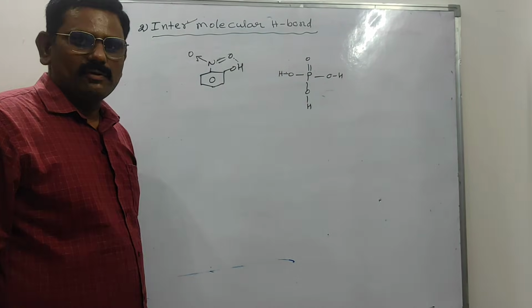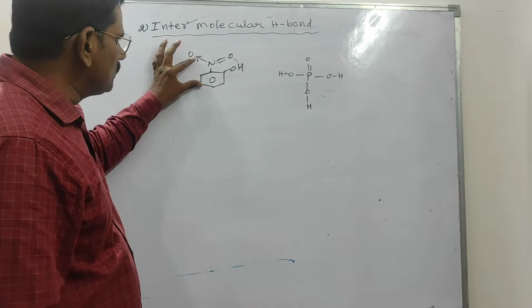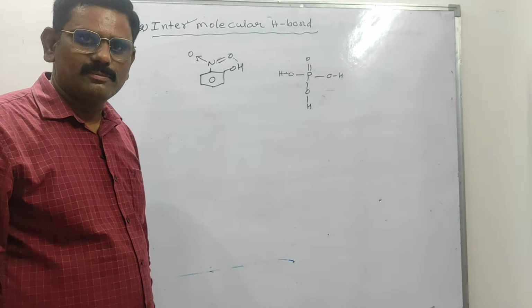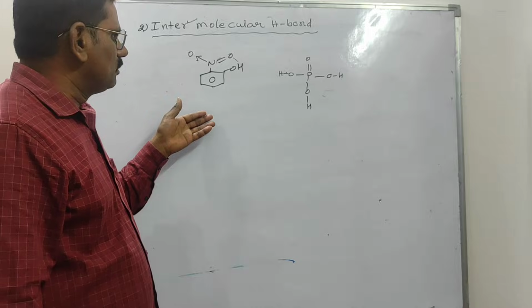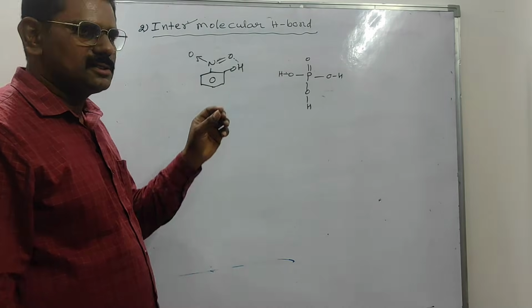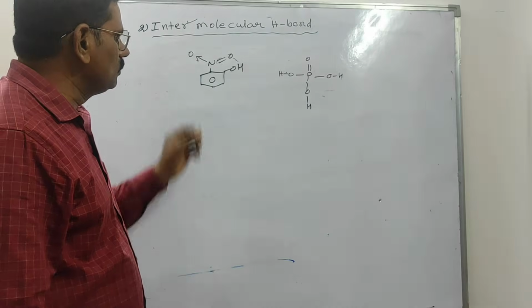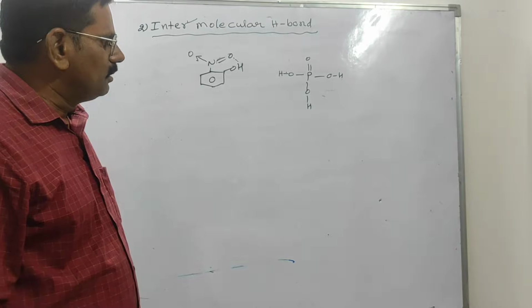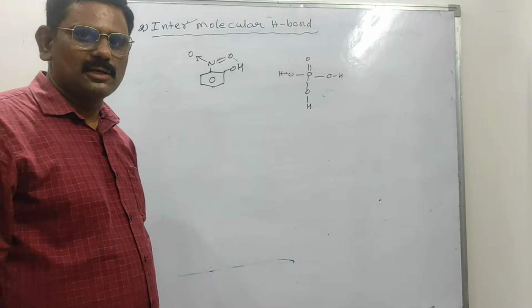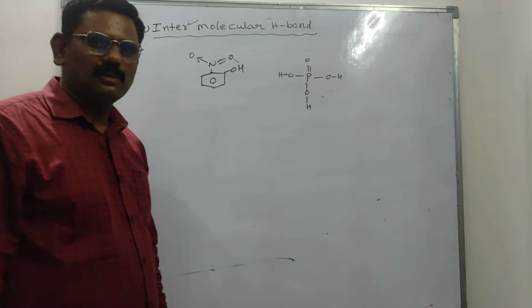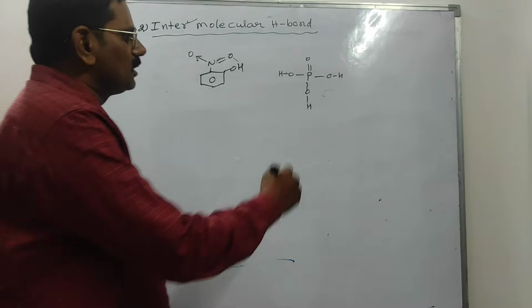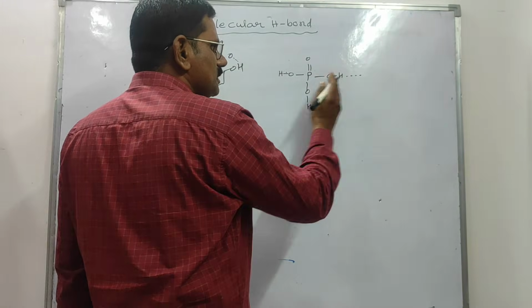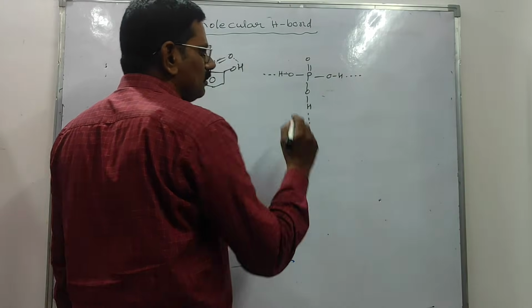These two molecules are quite different. Orthonitrophenol is an aromatic ortho compound, and in it the positively charged hydrogen is very close to oxygen. But orthophosphoric acid is not an aromatic compound. There are no ortho, meta, para positions. Hence, intermolecular hydrogen bond can exist between the molecules.